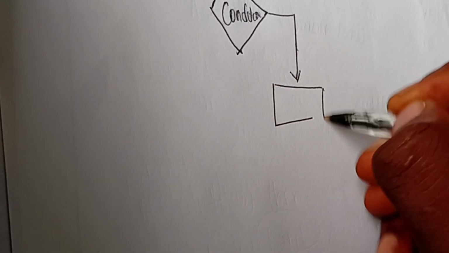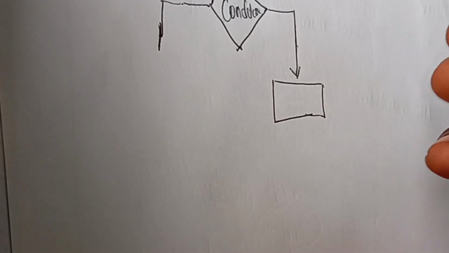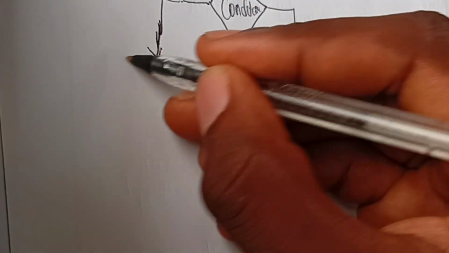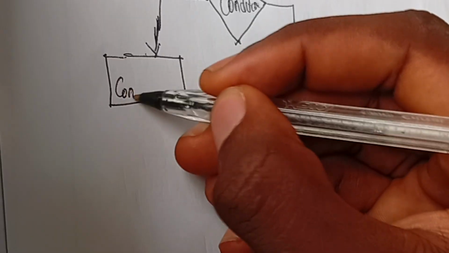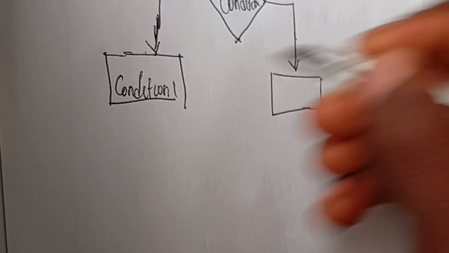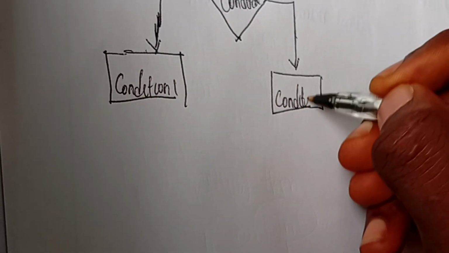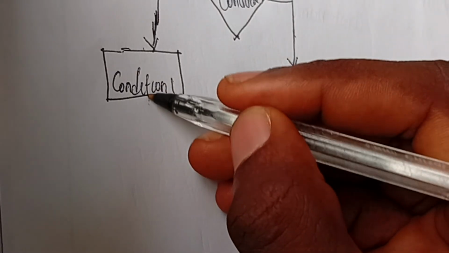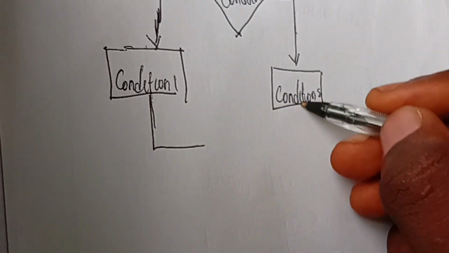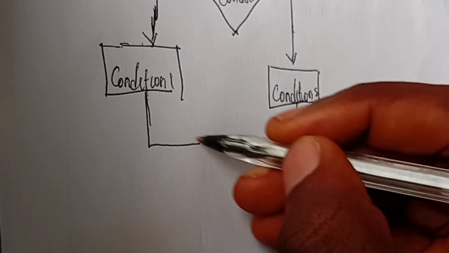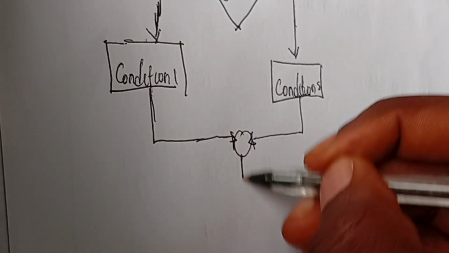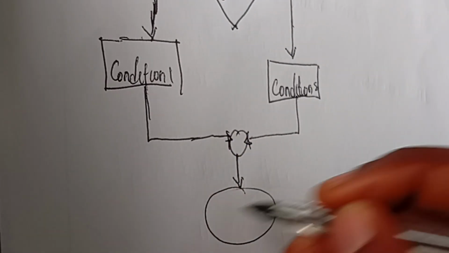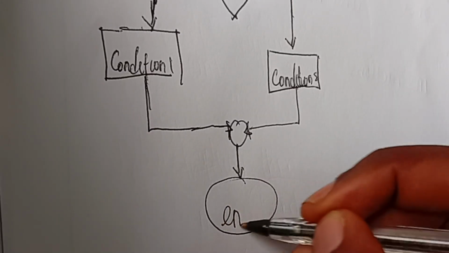This is for a double alternative, so actually it has double alternatives. And something like this, condition 1 and condition 2, and we could always connect them with our old friend the connector, and we put this data in the terminal.